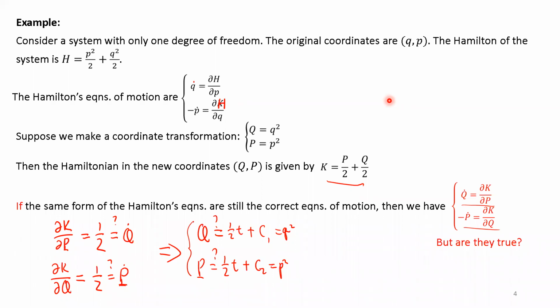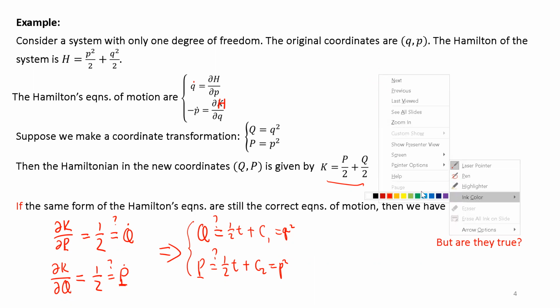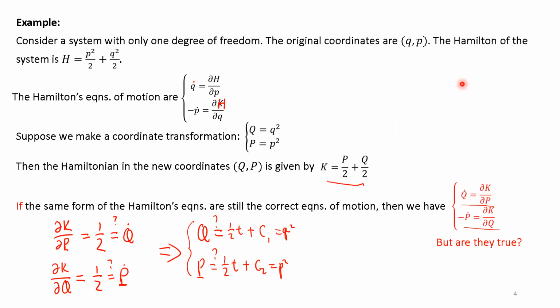However, when we do the transformation in the Hamiltonian formulation, it's no longer the transformation for the spatial coordinate only. We were doing a transformation that will transform both the spatial coordinate and also the momentum coordinate.